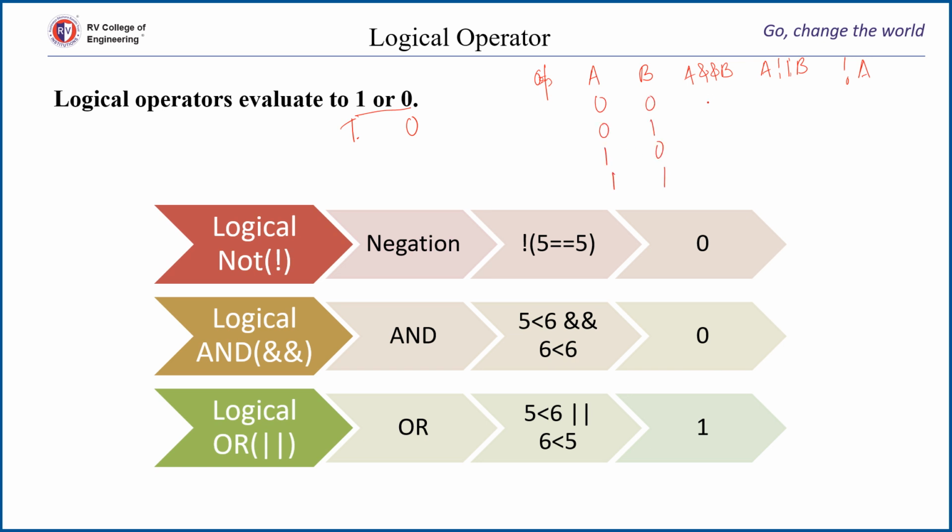Whenever both are false, your AND will be false: false, false, false, true. So AND operator will give you true only when both the operands are true. In all other cases, the result will be false: 0, 0, 0, 1. Similarly, A or B is false only when both the operands are false.